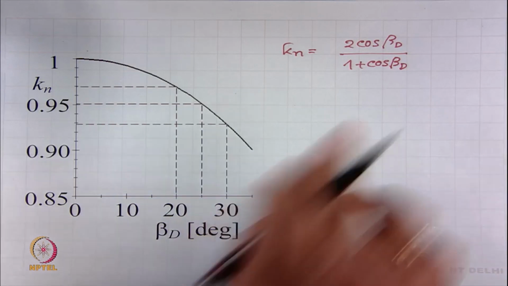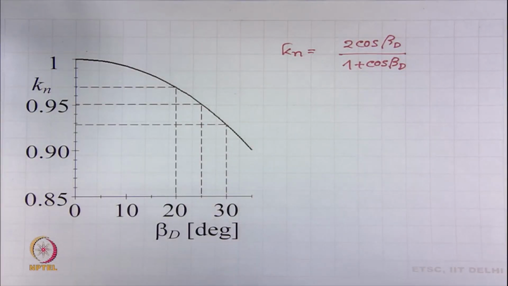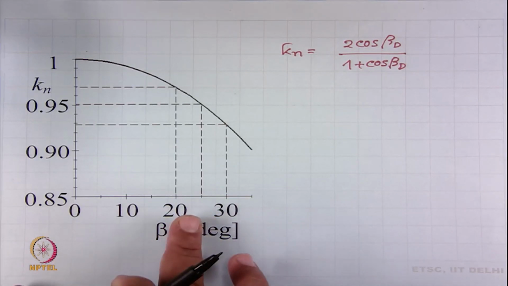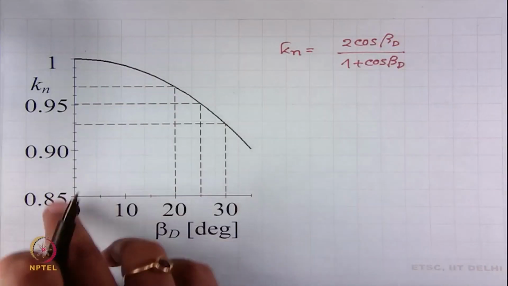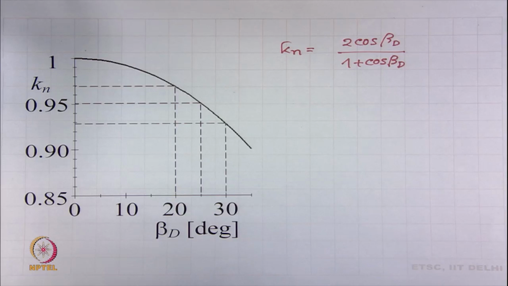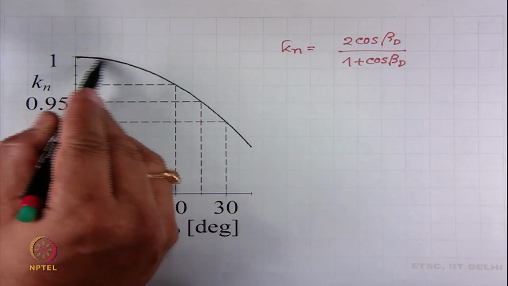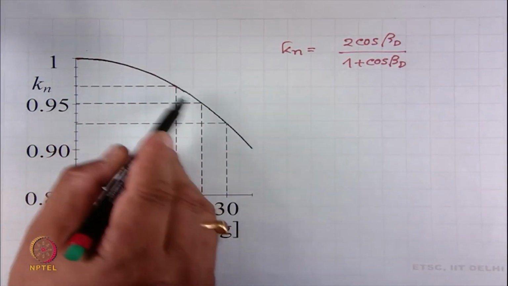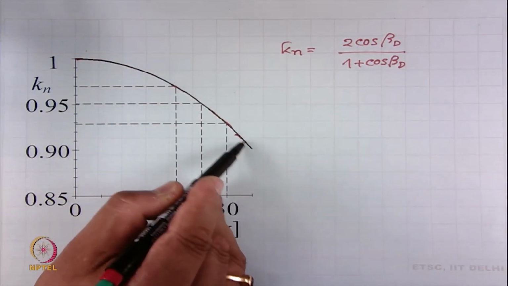This expression is graphically plotted here. Along the x axis, beta d in degree is plotted, then we calculated k n and plotted it along the y axis, and this is the curve of k n for different values of beta.